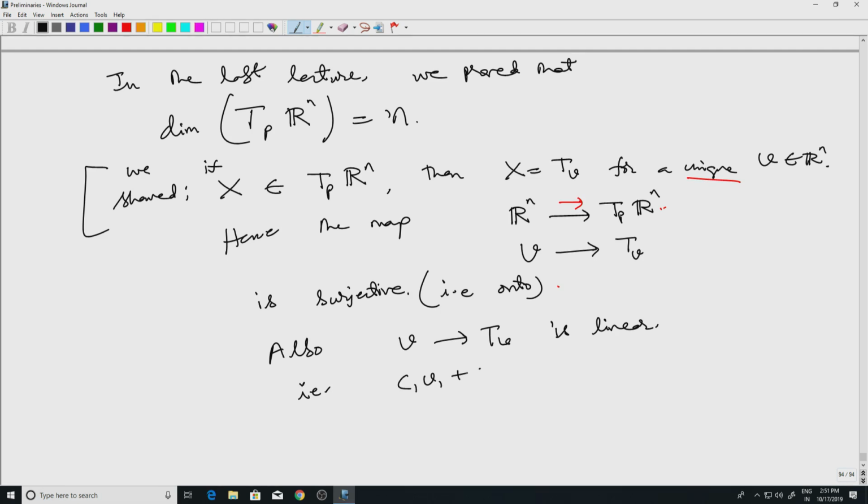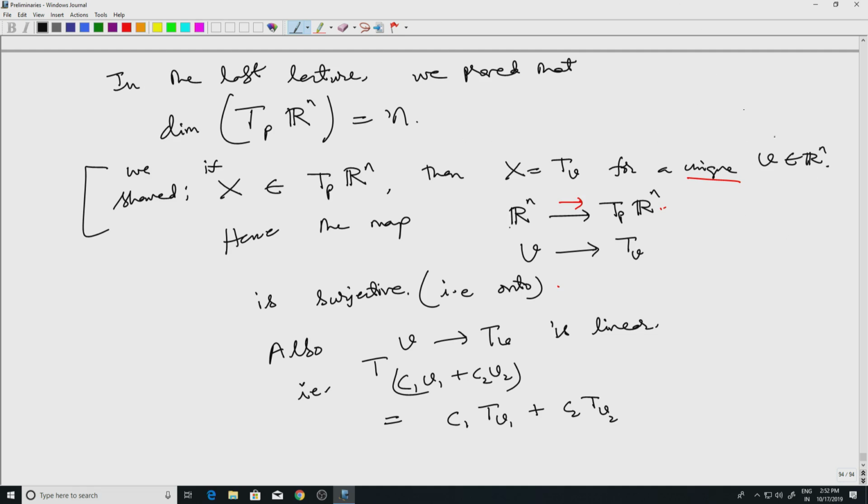T of C1V1 plus C2V2, the directional derivative along this linear combination, is equal to C1 TV1 plus C2 TV2. And this is again immediately clear from the definition of the directional derivative.